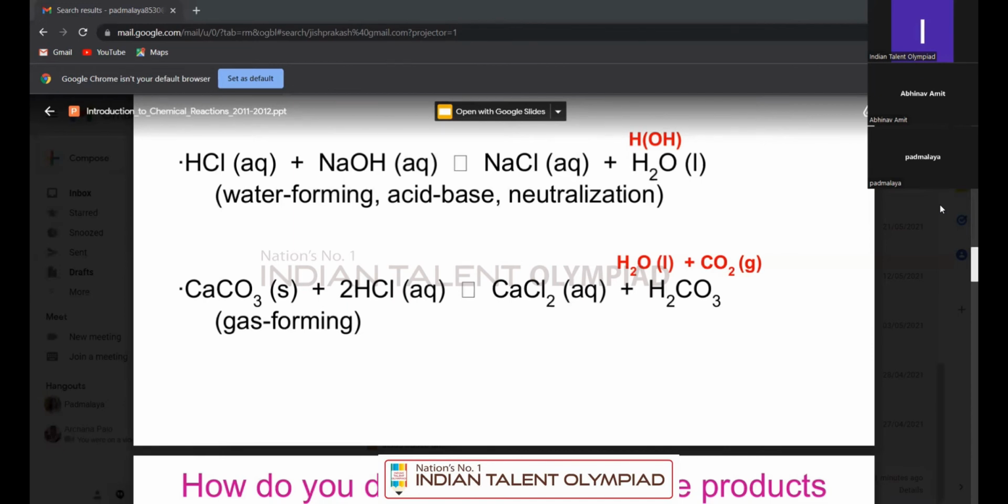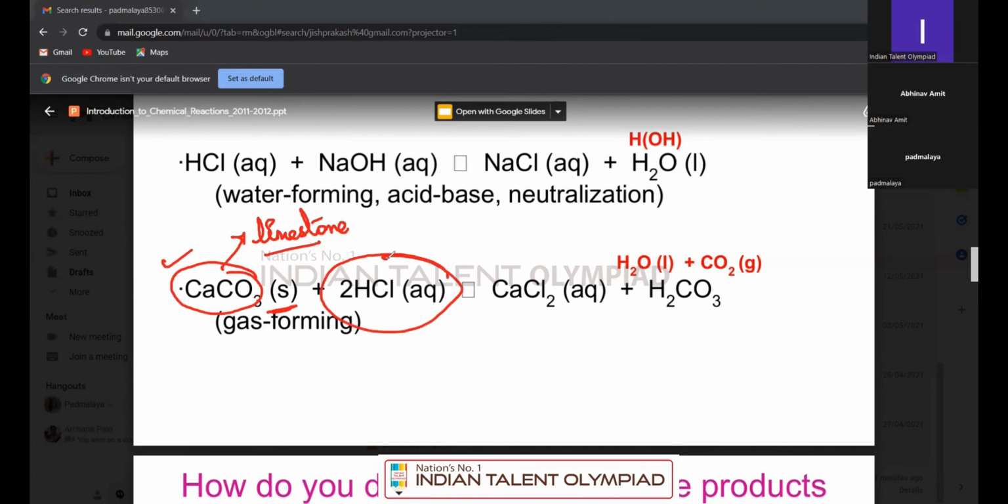The other name for calcium carbonate is limestone, which is nothing but marble chips. Limestone is a water insoluble compound. It is a base, but it is not soluble in water. So you have to take it in its solid state only. And here you are taking HCl in the aqueous state, right? Then only it will react with calcium carbonate.